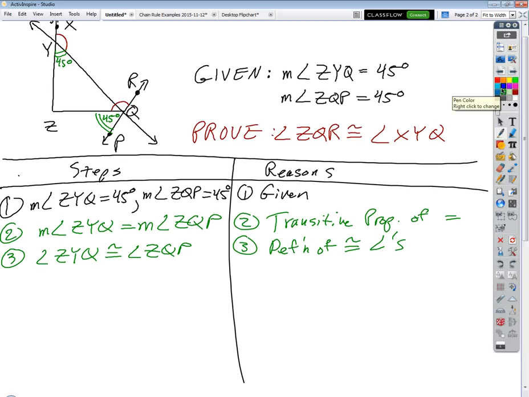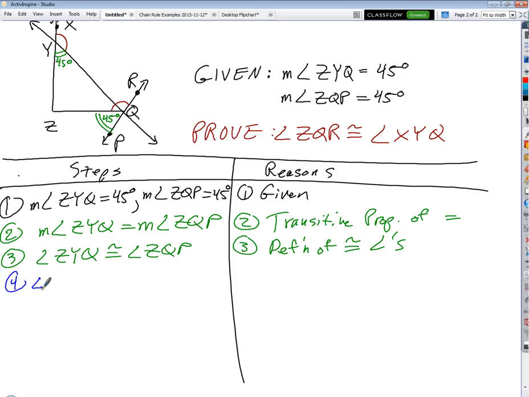So angle XYQ and angle ZYQ are a linear pair. And while we're at it, what other two maybe? ZQP and ZQR.